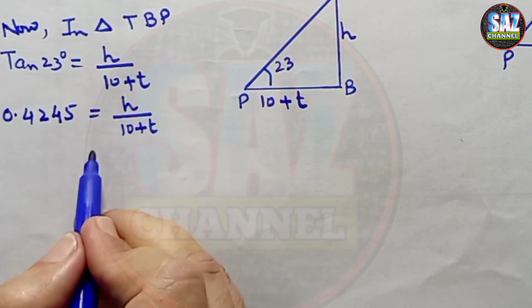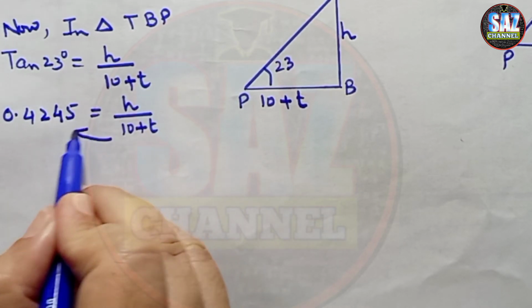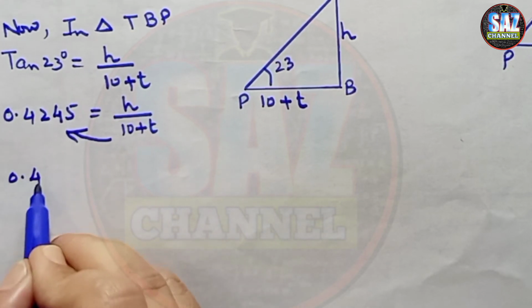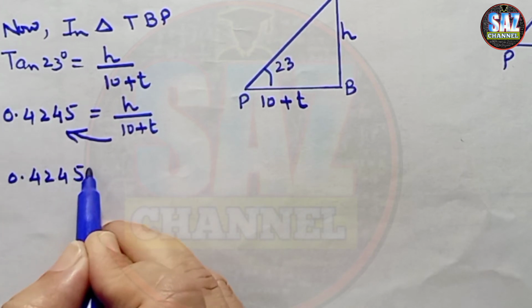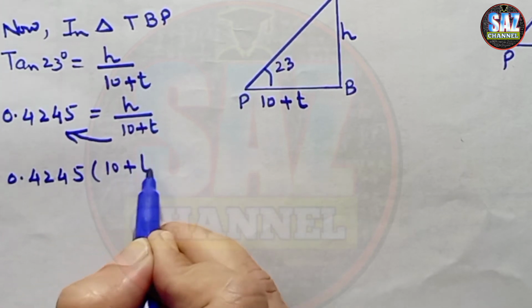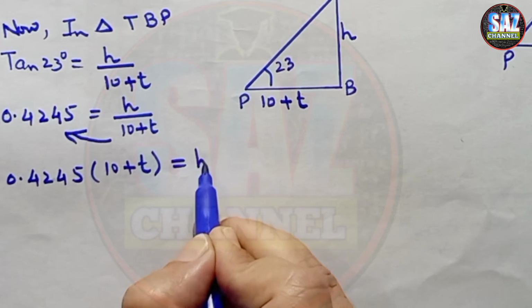Now what we can do is go for cross multiplication, that is 0.4245 into 10 plus t equals h.